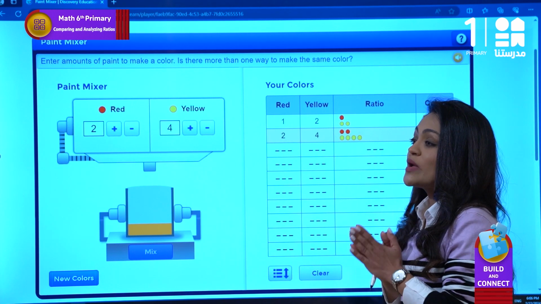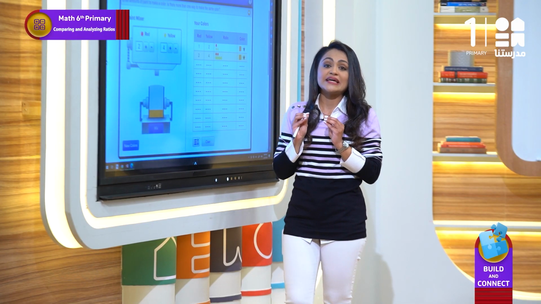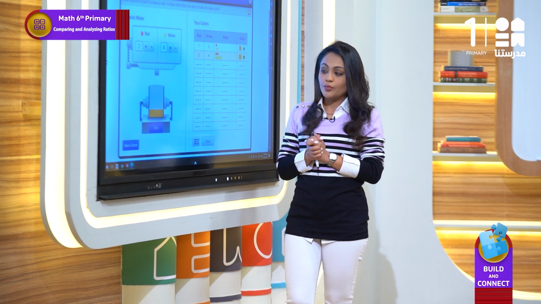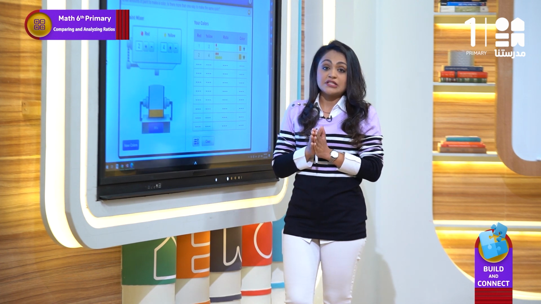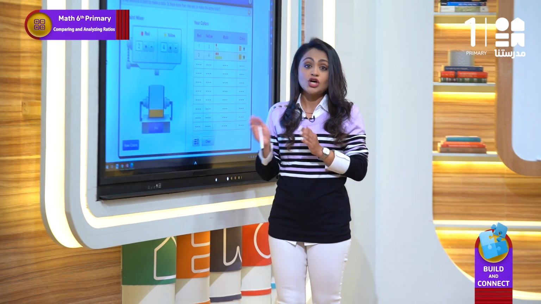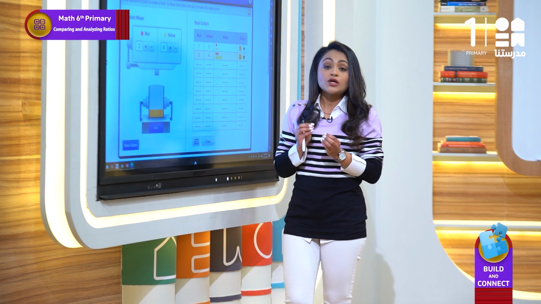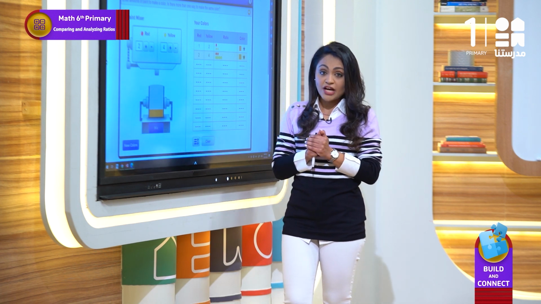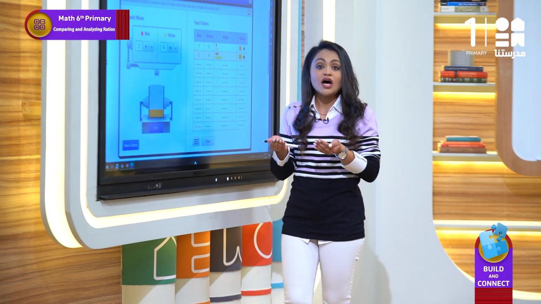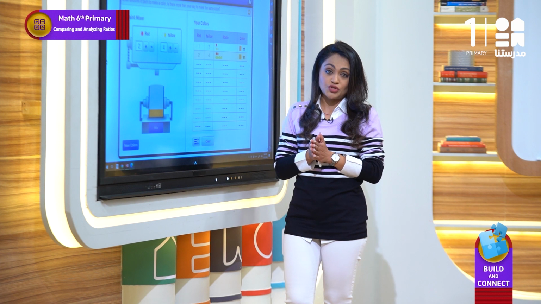Let's check what we have learned about forming equivalent ratios through the examples in our book. But here we know that we can use also division to simplify ratios, like we did with fractions, and we can multiply the two terms in the ratio by a constant factor to get an equivalent ratio.